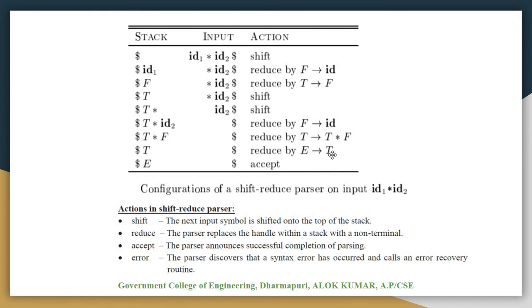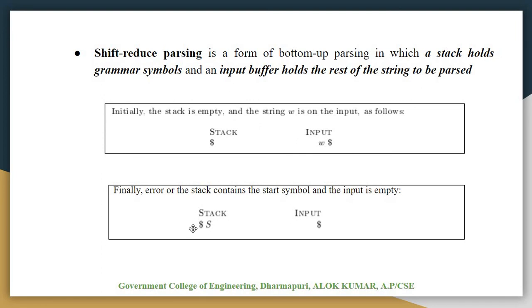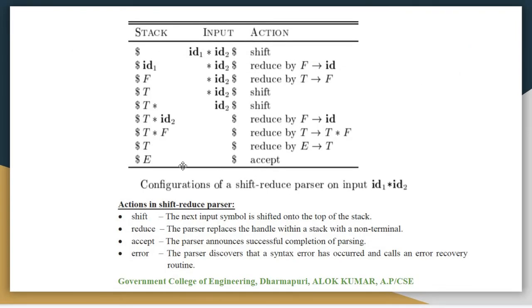T * F we also reduce to T, so here T we are keeping, and at last this T we replace with E, which we say is a reduce step. So here E is coming and this one is dollar, so accept. So we have seen that if the situation is like this, with dollar and the starting symbol on the stack and the input is dollar, we can say the string is accepted by the grammar.